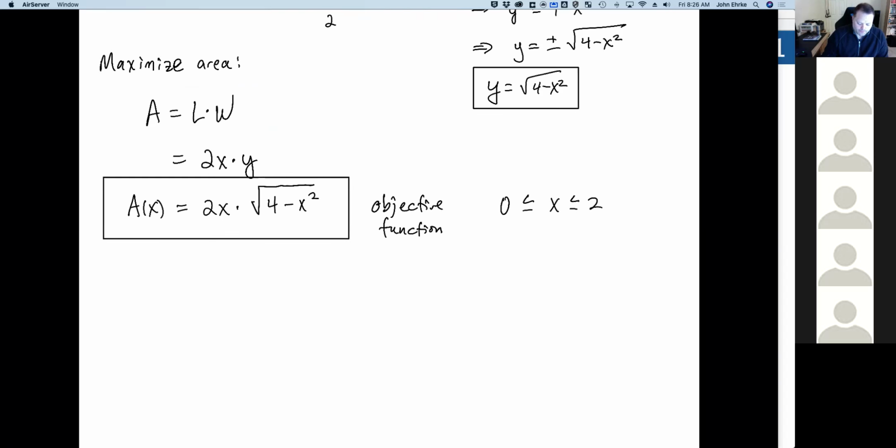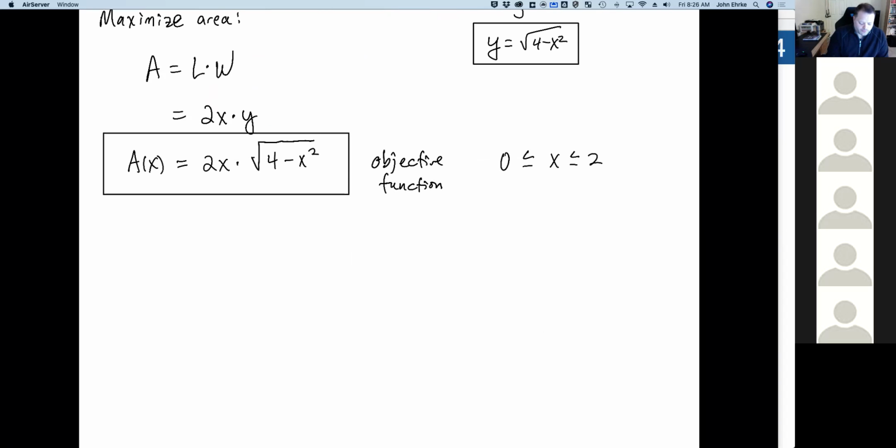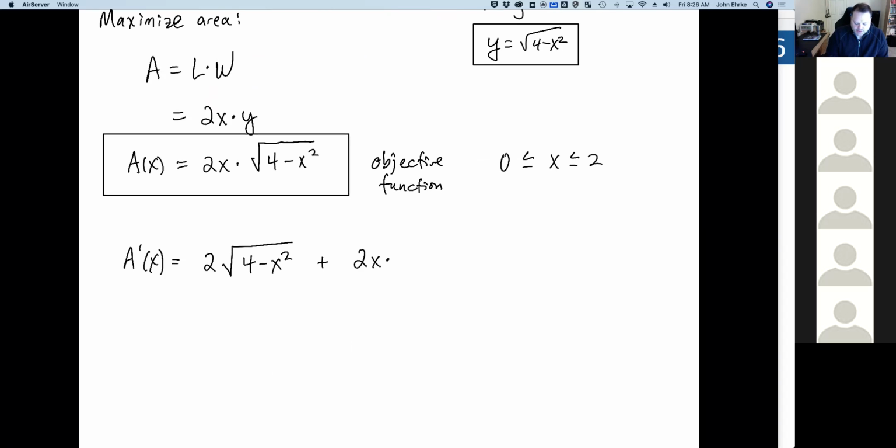All right, so we're going to start by taking the derivative. I'm going to use the product rule to do that. So the derivative of the first, which is just 2, times the second function, plus the first times the derivative of the second. The derivative of the second function here is negative 2x, that's the inner derivative, divided by 2 square root of 4 minus x squared.